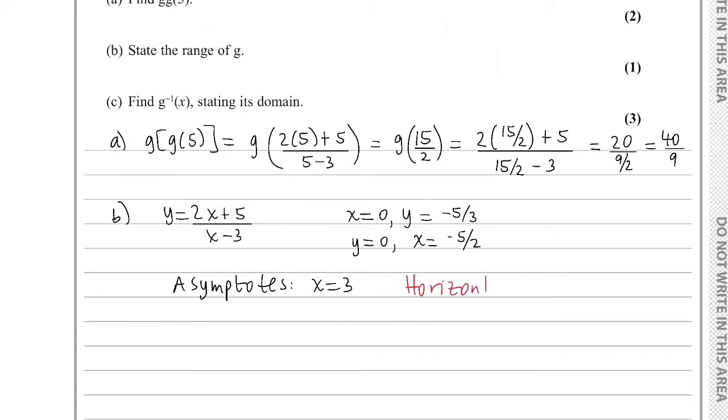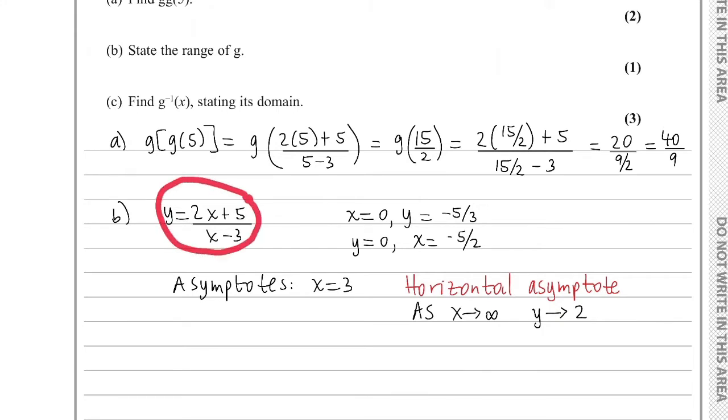To find the horizontal asymptote, we need to consider the behavior of y as x tends to infinity. As x grows infinitely large, we see that y goes to 2. You can just take your calculators and substitute in the place of x a really big value.